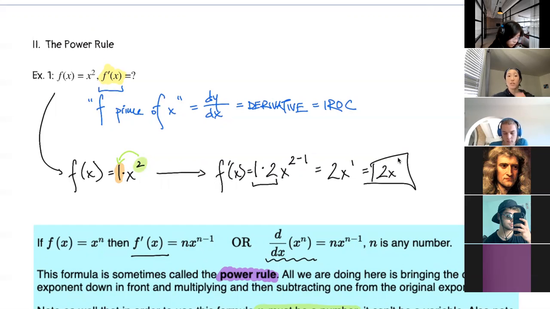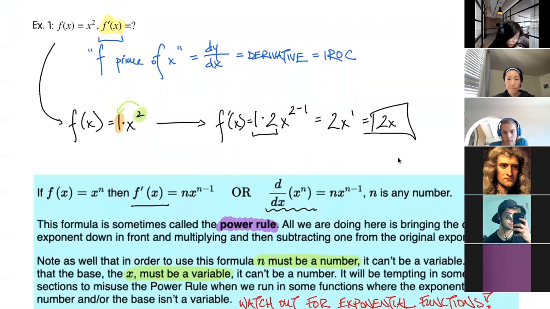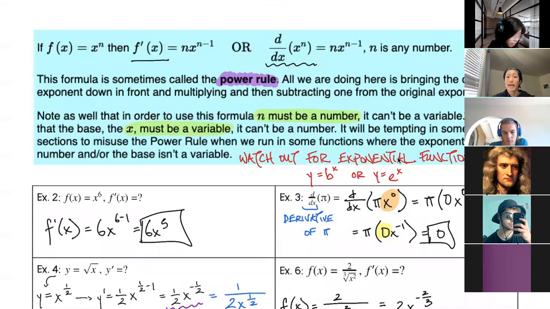And that's where we started to look at some of these rules. So we spent some time looking at the power rule, okay? And we said even that there's something we really have to be careful about with the power rule, that the base should be a variable and the power must be a number.